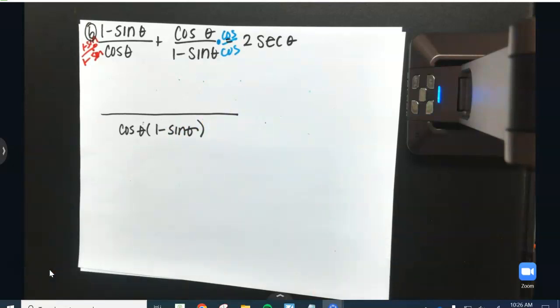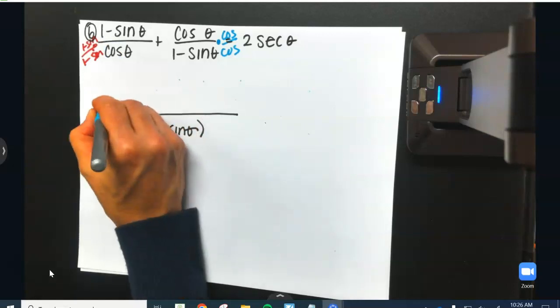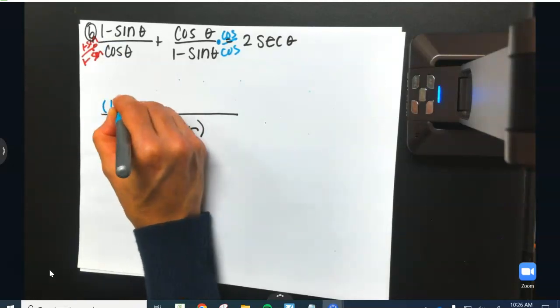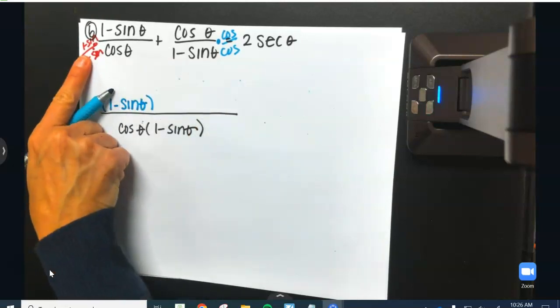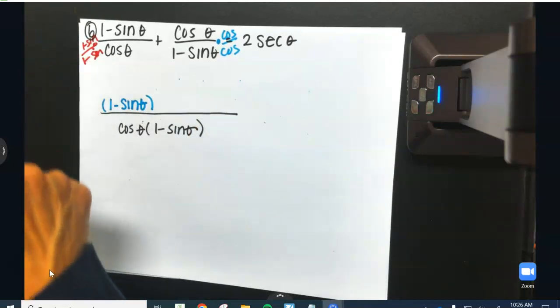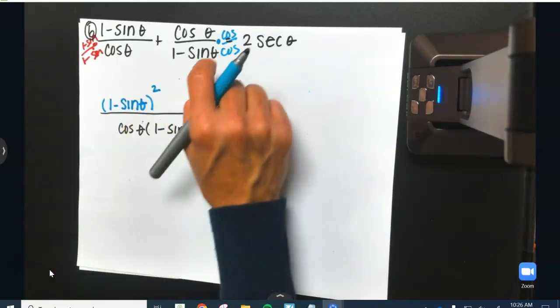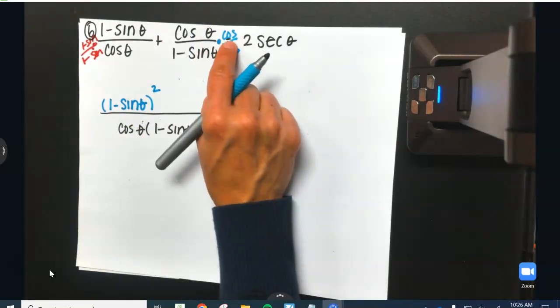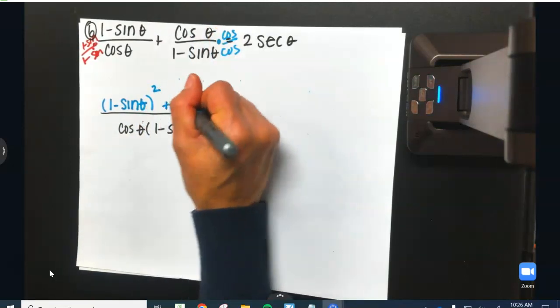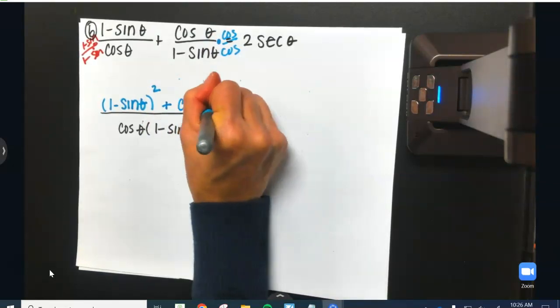All right, let's look at the numerator. Oh, look, it's 1 minus sine theta times 1 minus sine theta. We did that in our warm-up today. I'm going to multiply this out in a minute. Cosine times cosine is plus cosine squared theta.